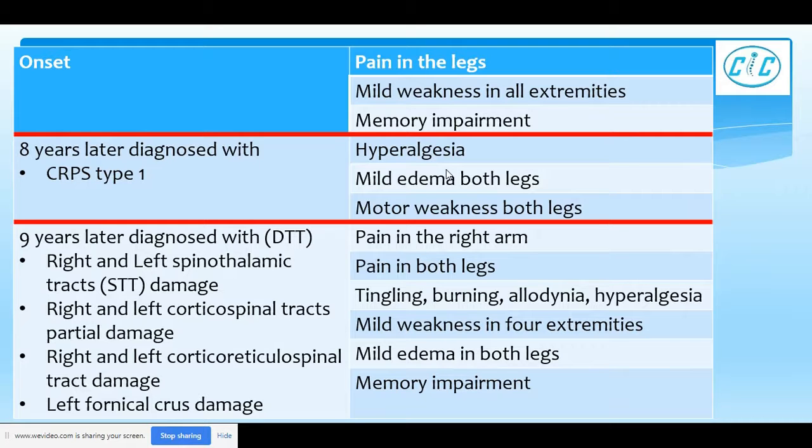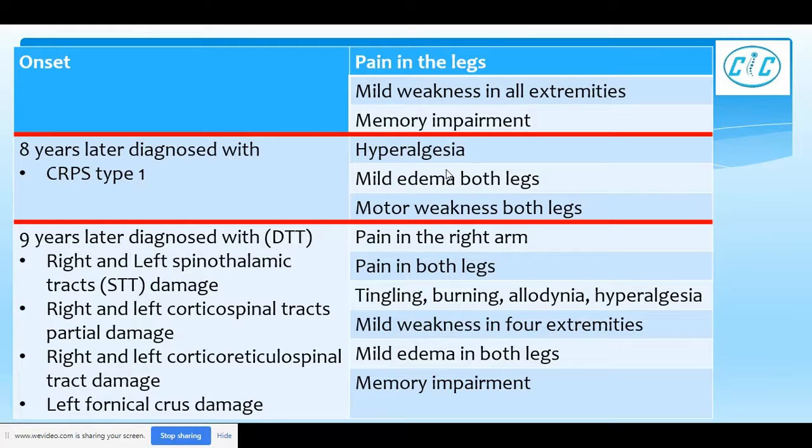Type 2 is more causalgia due to peripheral nerve damage, whereas type 1 has a more unknown cause, and it could be soft tissue damage like muscle, tendon, or ligaments, or hard trauma like a fracture of the bone, which can cause CRPS in the region.